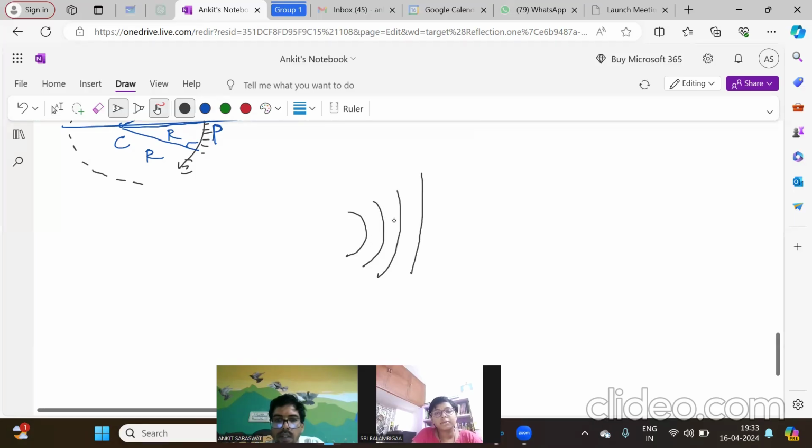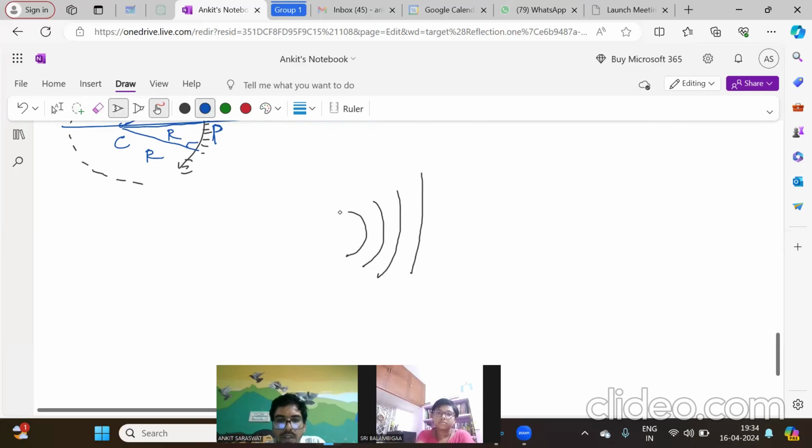This is less flat, but this is very less flat. This is a steeper curve, like a valley. More steep, less steep, less steep. So this is more flat, less flat, very less flat. Clear?